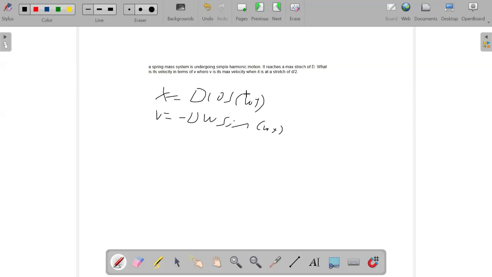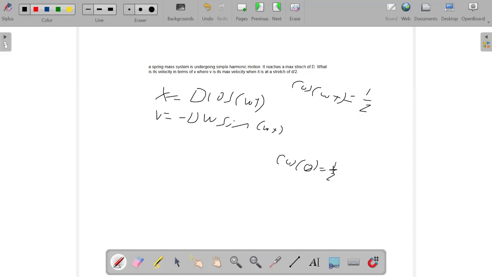Then that means cosine of omega t is equal to 1/2. We can replace omega t with just theta. It doesn't really matter, just some other variable, because both of these are omega t. So the cosine of theta equals 1/2.